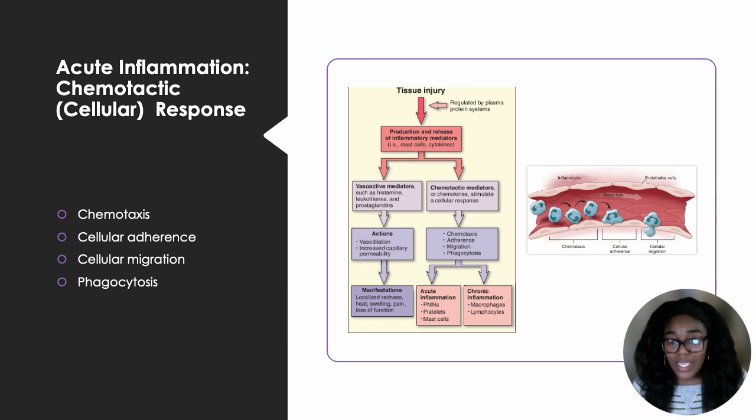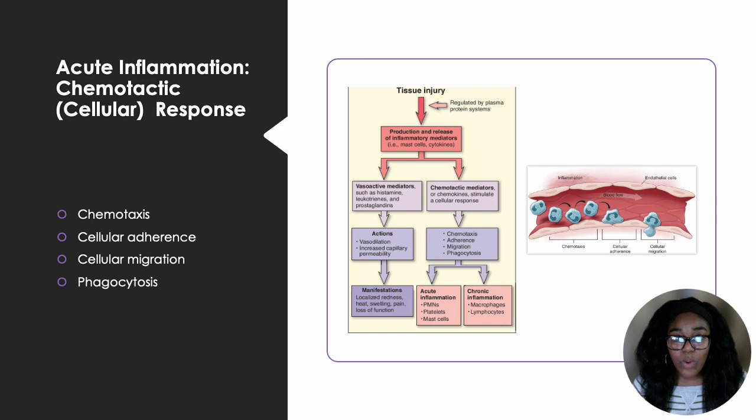Once we get those cells to the site of injury, we have a process called phagocytosis. Phagocytosis is that whatever's harmful in that tissue at the site of injury, those cells will actually engulf or eat those pathogens or harmful organisms that could potentially cause infection and harmful diseases.